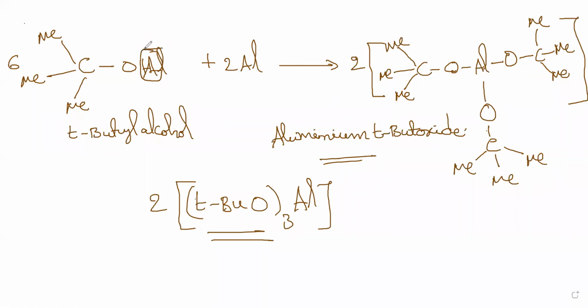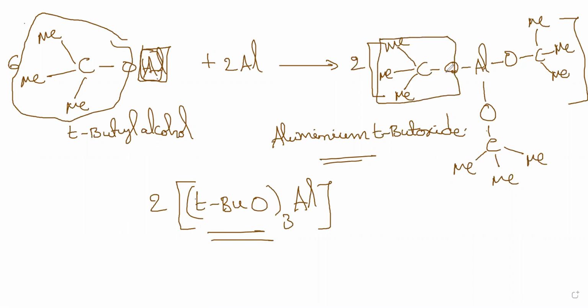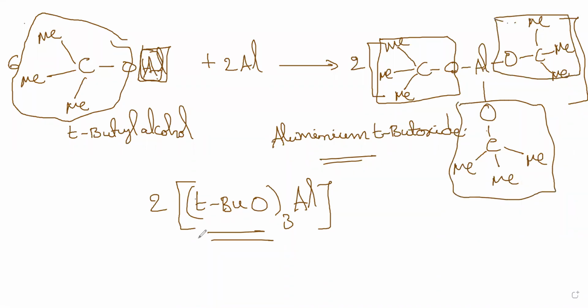Instead of hydrogen, you put aluminum here. After that, you repeat this unit twice over the aluminum. That's all. This unit, 1st time, 2nd time, 3rd time. This is called aluminum tertiary butoxide.